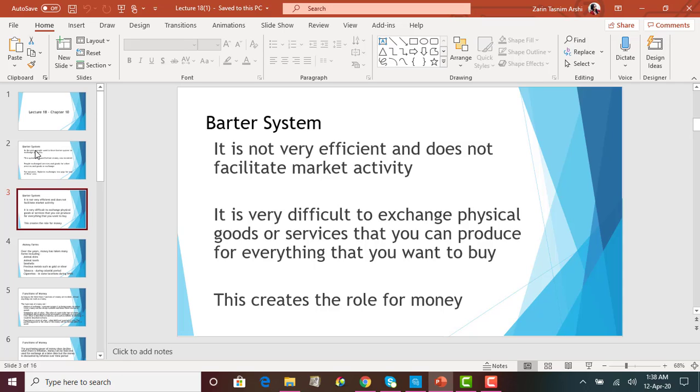Sometimes it was very difficult to quantify how many pigs, or how many hens, or how many chickens you would need for 1 cow. So the process to quantify this was very difficult, and as a result it was very inefficient, and this ultimately led to the creation of money in the economy.